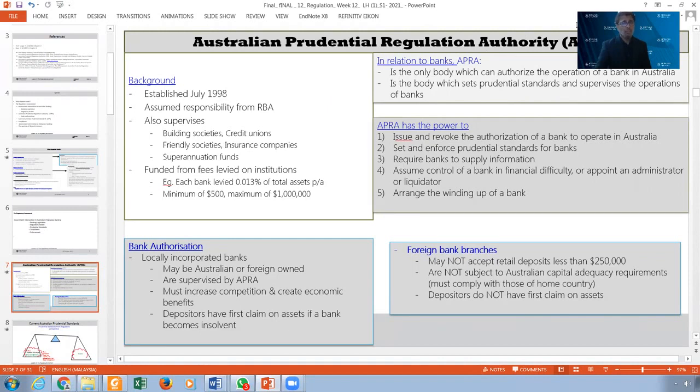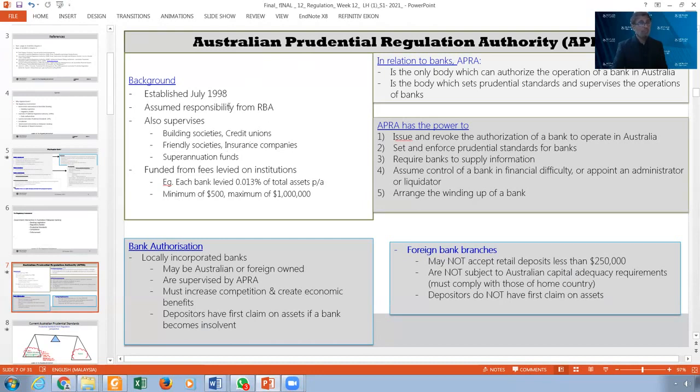Now, Australia, we will start to talk about, remember, we have a legislation, and before this legislation it was the Reserve Bank of Australia, which was established in 1959, that was responsible for bank supervision. But then they started APRA, the Australian Prudential Regulation Authority, in 1998, and this authority is the supervisor and the regulatory body.